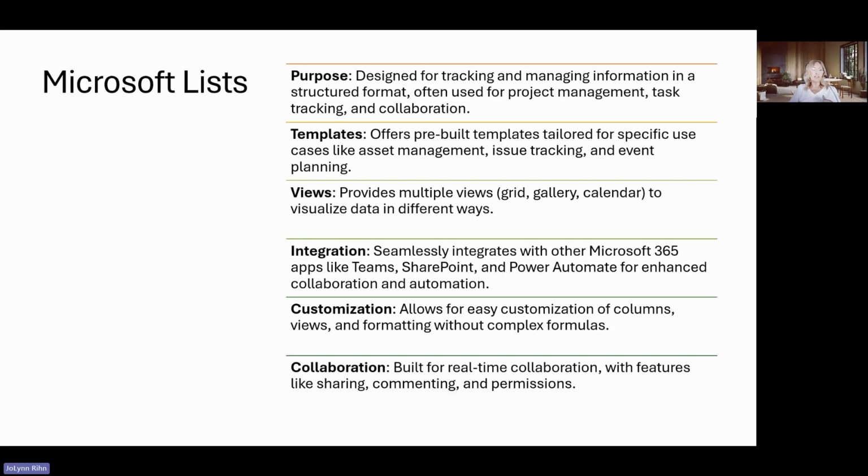So Microsoft Lists have a lot of benefits and a lot of really great tools behind the scenes. So the purpose of them is to, just like a normal list, if you think about making a list on paper, the purpose of using Microsoft Lists is to track information. We want to have an easy way to manage specific information in columns and rows.